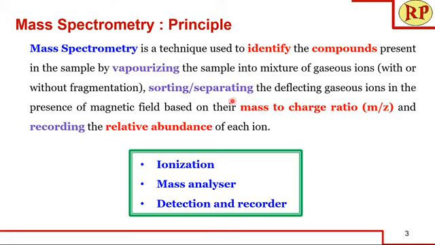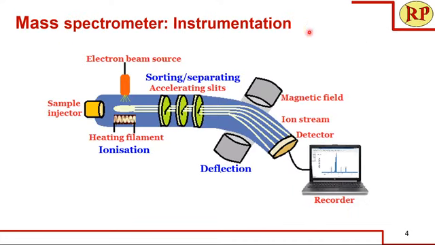This we call sorting and separation, which happens in the mass analyzer. Finally, it is detected and recorded as relative abundance of each type of ion, which is done in the detector and recorder. We'll see in detail the instrumentation part.